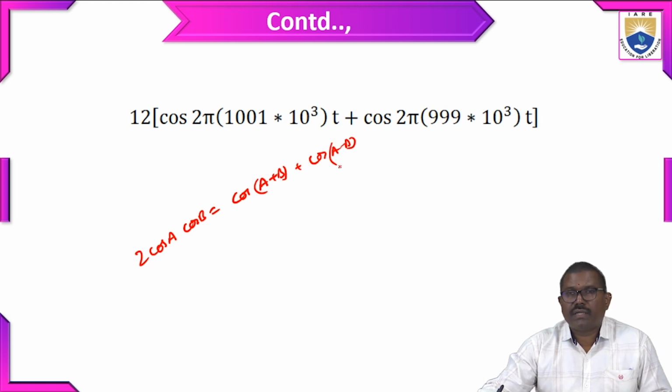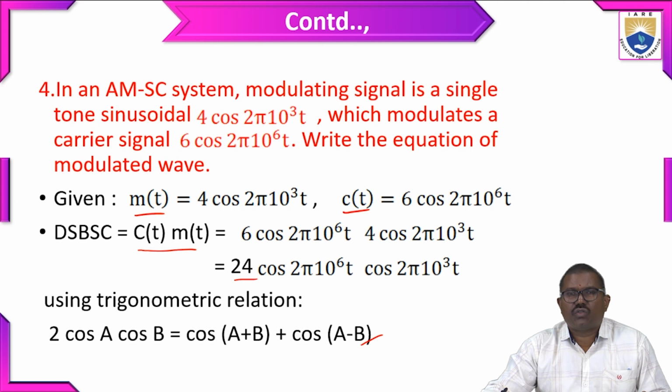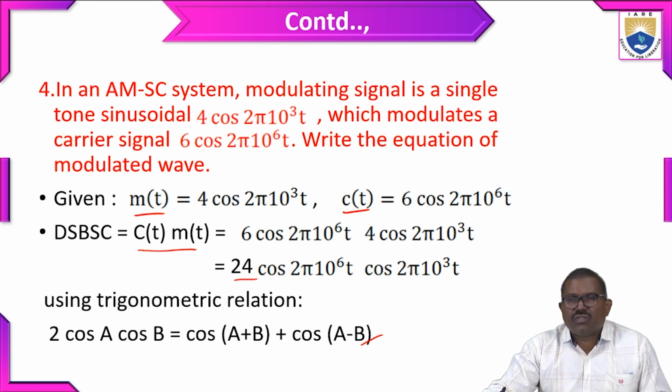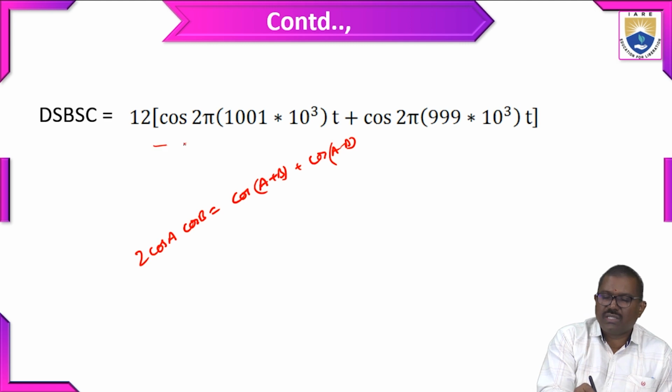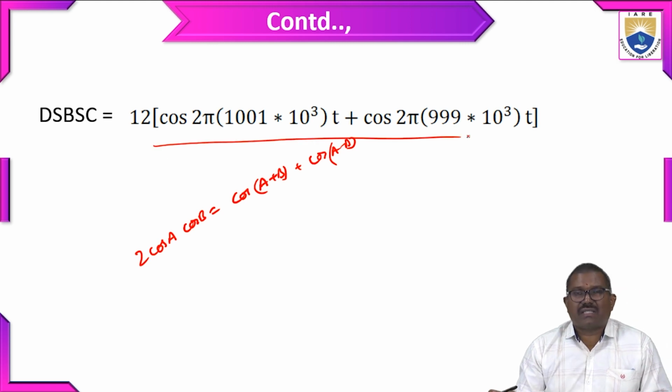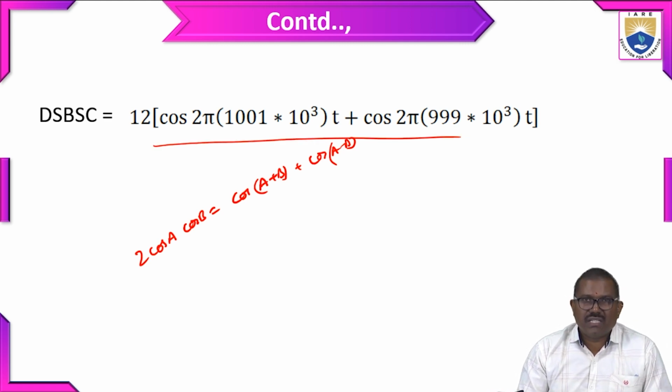Earlier we wrote 2 cos A cos B as cos(A+B) + cos(A−B). So here, with the terms A and B, we are adding A plus B and A minus B. That's why you get this value. So this is the equation they asked for, the DSB-SC signal.